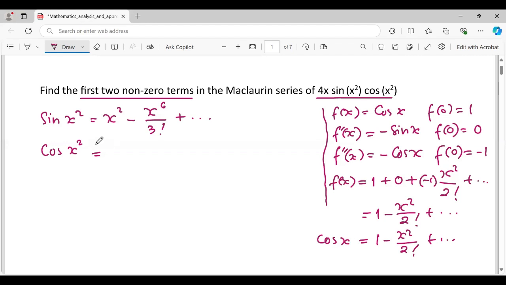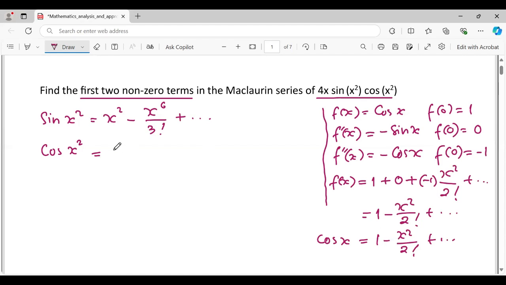So how about the Maclaurin series for cosine x squared? With the same method as when I explained how we figure out the Maclaurin series of sine x squared, just apply x squared into this Maclaurin series of cosine x.